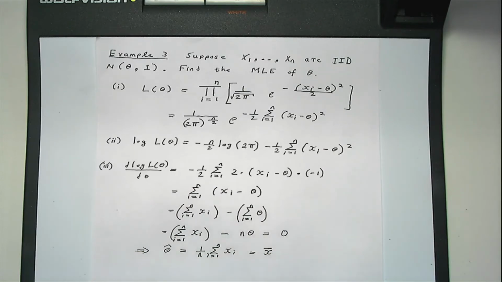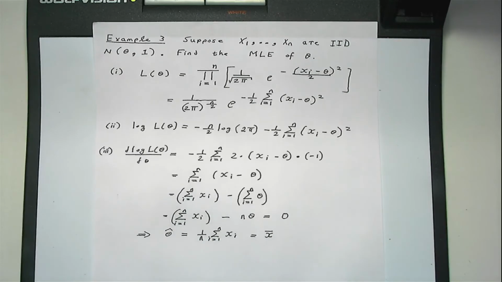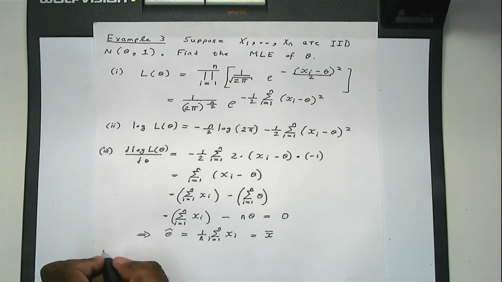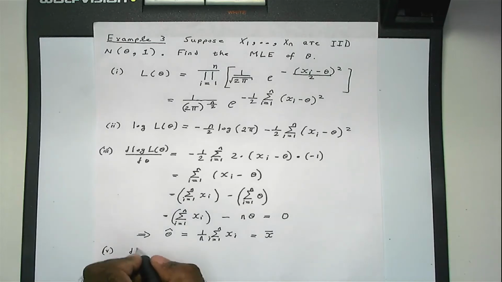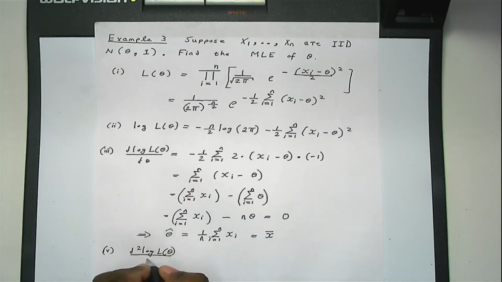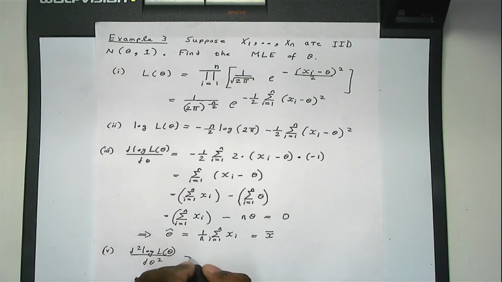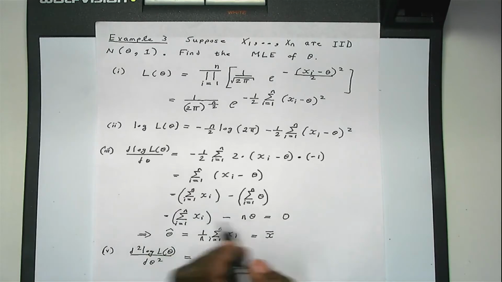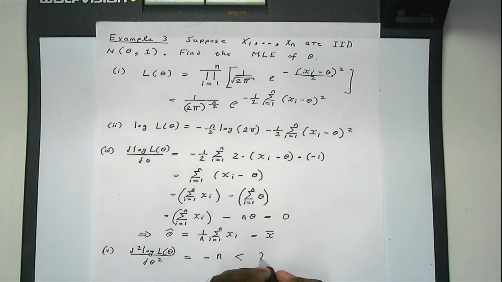Right. Now step 4 is to find the second order derivative of the log likelihood. So it's the first order derivative of this, which is minus n, which is negative. Right?